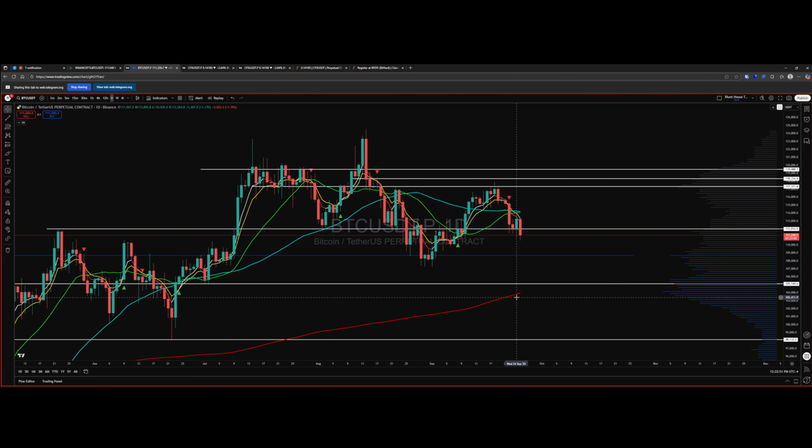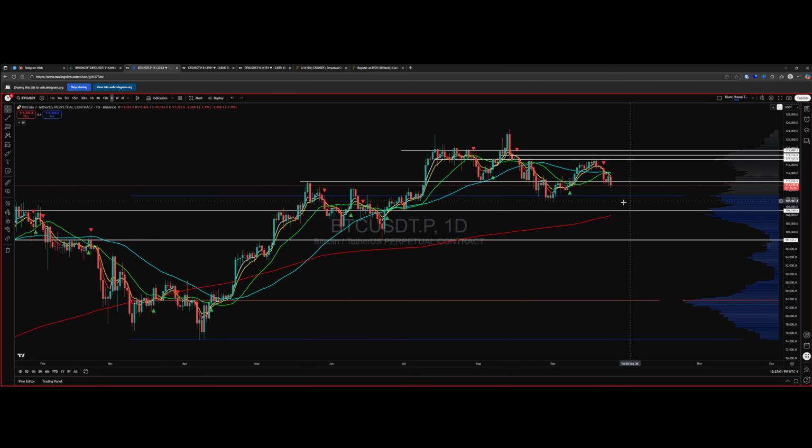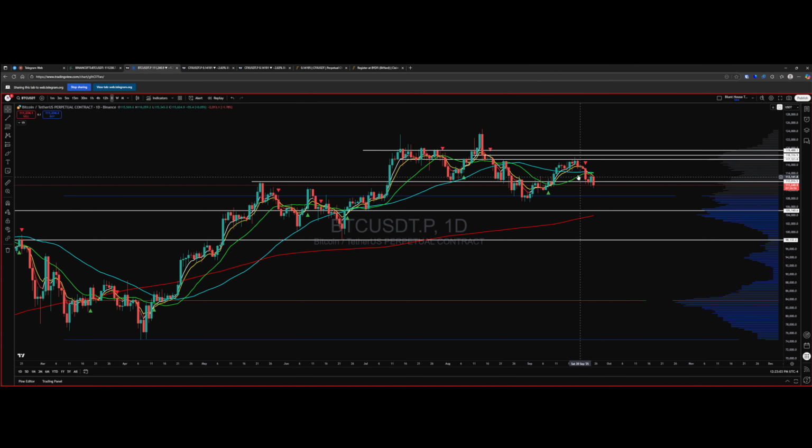And of course, here's the 200, which lines up with, by the time price and time come together, somewhere back down here where price has been before. We've broken not just one level, but two levels. So what are we looking for? The next level, 200 MA.